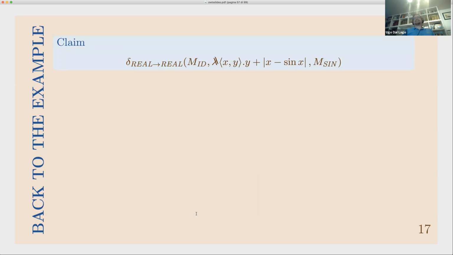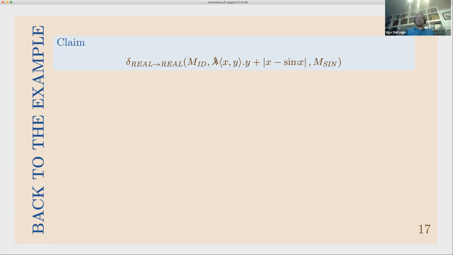And this way you can at least justify the program transformation turning the sine trigonometric function into the identity, because you can put in the middle something like this function, which takes, again, an input and an error, and returns something depending, of course, on the error in the input, but also on the difference between x and sine x.